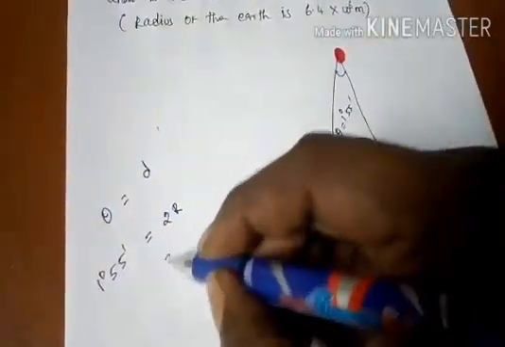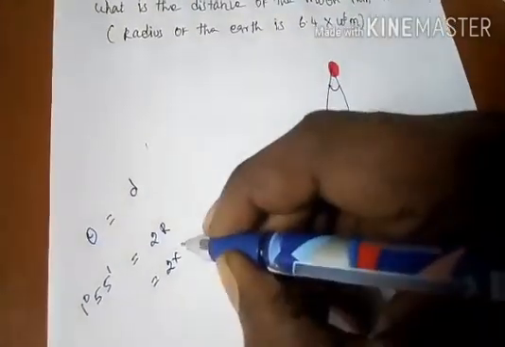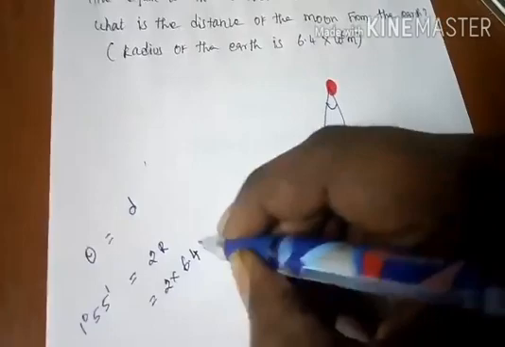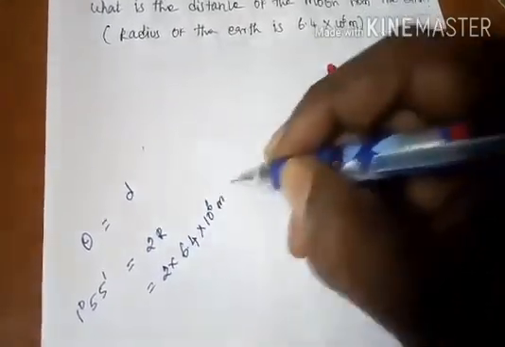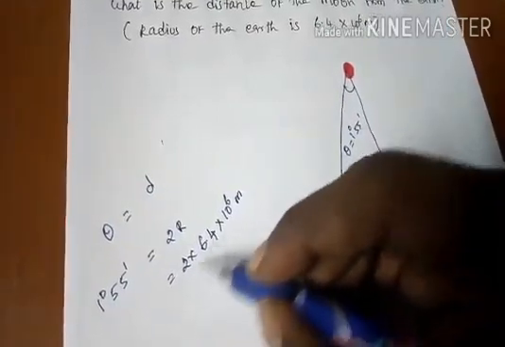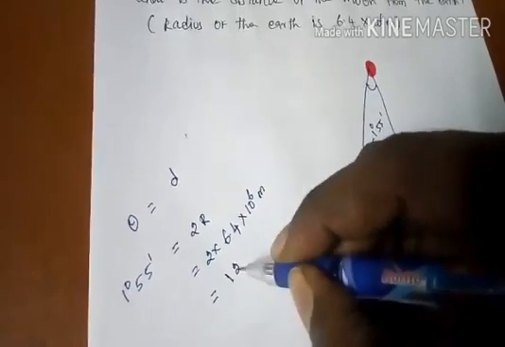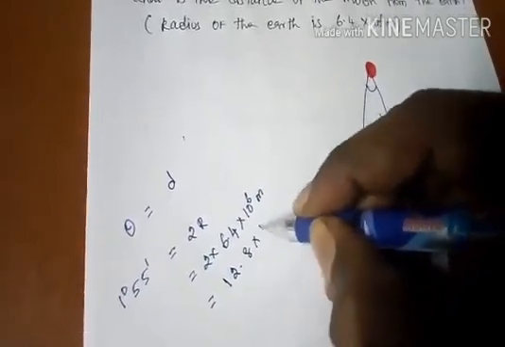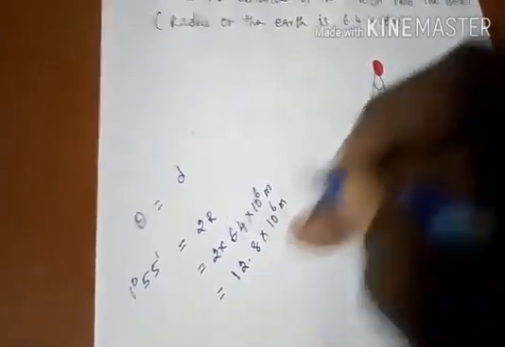So the value is 2 into 6.4 into 10 power 6 meter. If you multiply this value, finally we will get the result as 12.8 into 10 power 6 meter. So this is the diameter value.